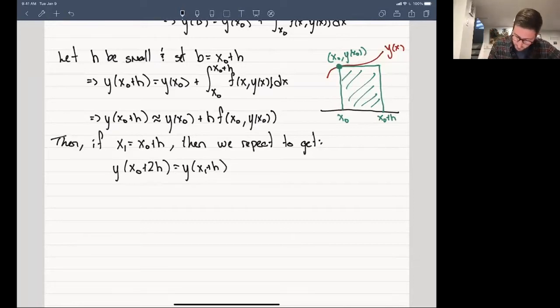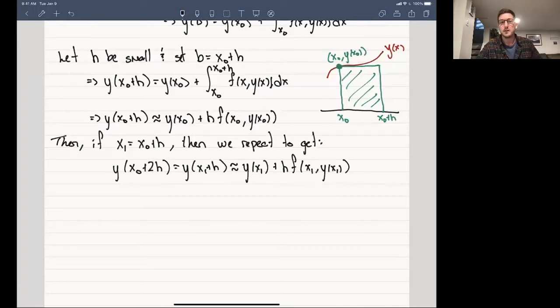You can repeat that argument that I just made above, and this would be y of x1. So you're using your x1 as your lower limit of integration now, plus h f of x1, y of x1. And you know all of these points on the right-hand side here because you've computed them in the previous step. So you can continue this procedure.